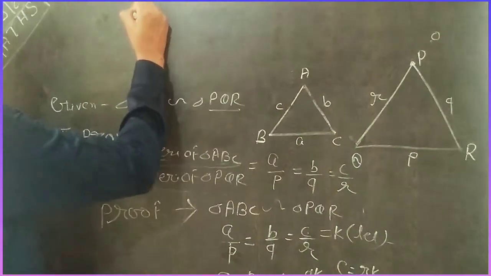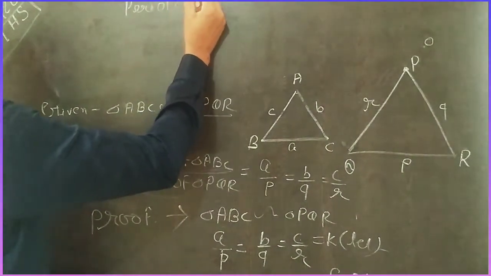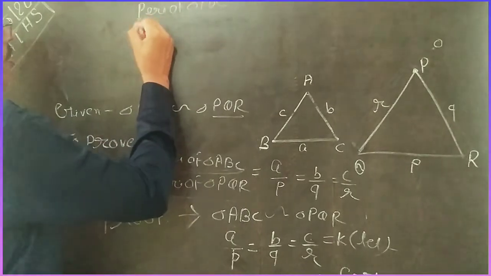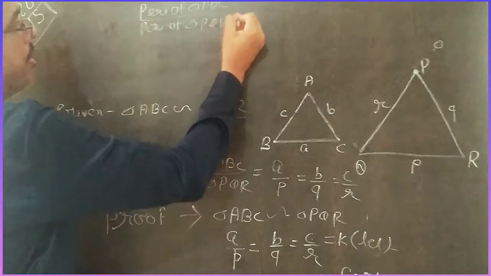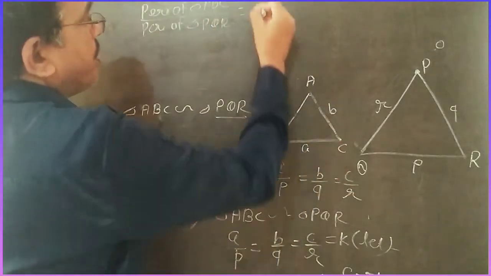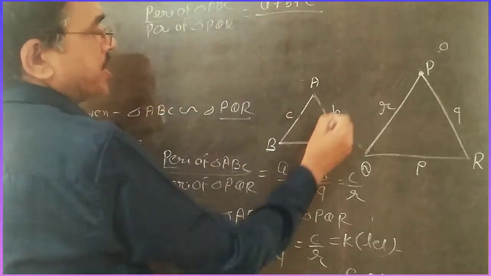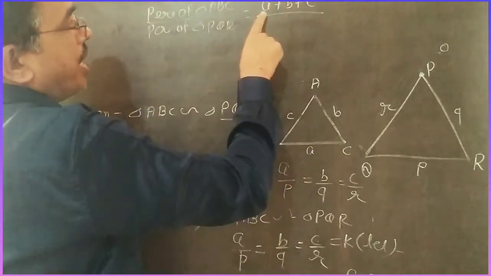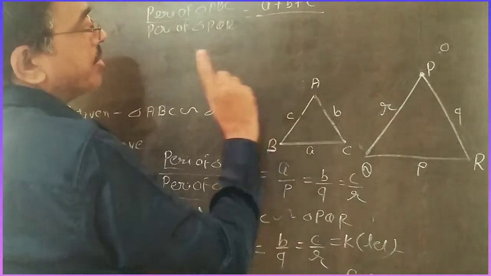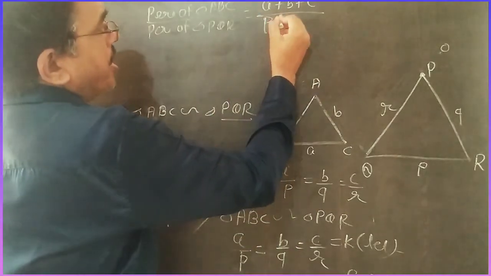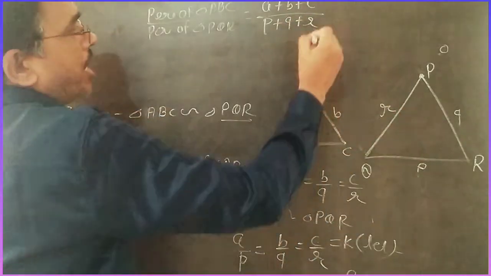perimeter of triangle ABC by perimeter of triangle PQR is equal to, perimeter of ABC is a plus b plus c. This a, b, c denote its sides. If you write a small a, that denotes BC. If you write capital A, that denotes the angle. Here it is p plus q plus r, because p, q, r are the sides.